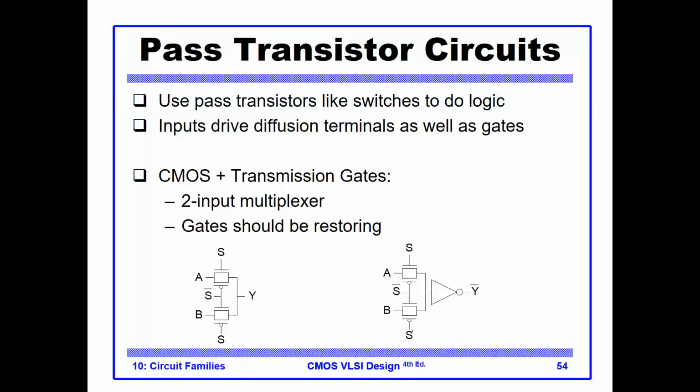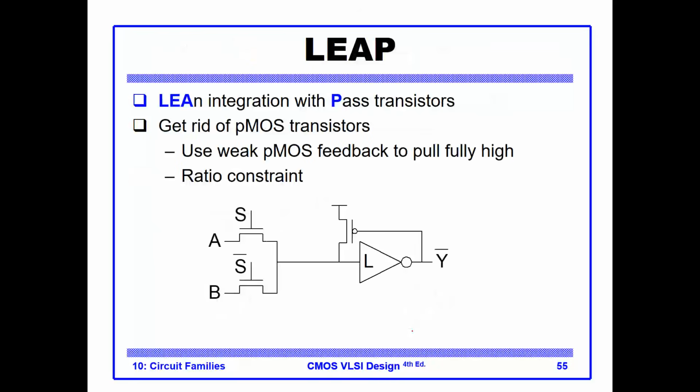Now here we review some of the pass transistor and transmission gate that we indicated earlier in the chapter. One of the problems of the pass transistor is that this node suffers from being charged only to VDD minus VT.